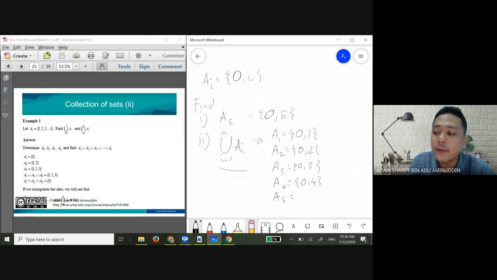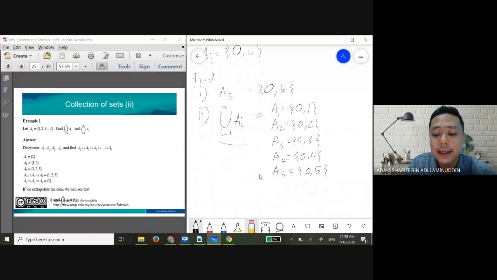To solve infinite, dia bukan infinite tau, ni dia finite tapi dia undefined finite, mungkin dia besar, mungkin dia kecil. {0, 5}. Okay. Ingat ini n kita define sampai 5. So what I represent right now is that I try to show what is the union from i equals to 1 until 5. Yang ni pun korang boleh jawab dengan senang sebenarnya.